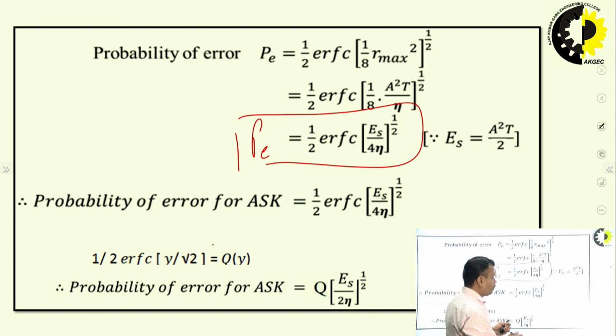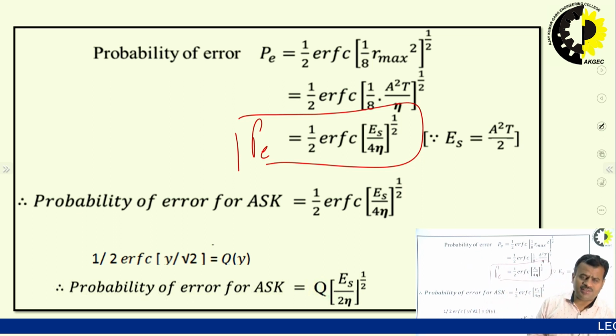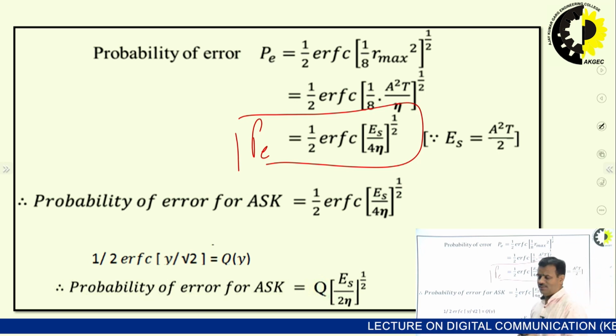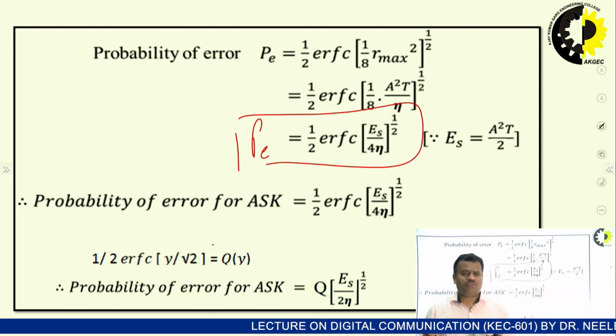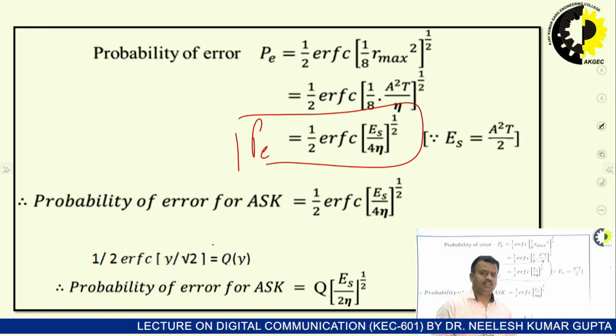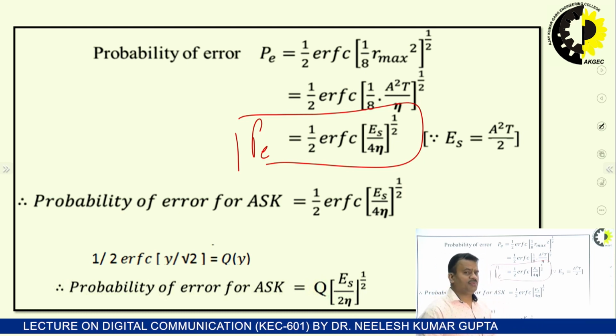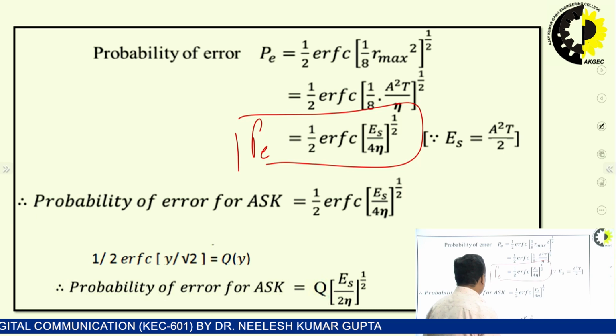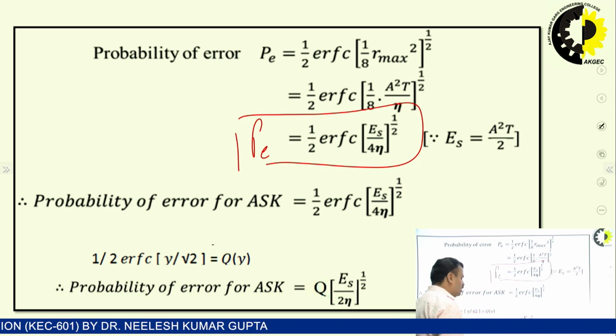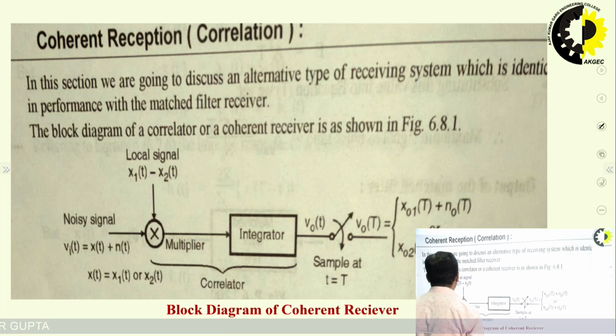We can easily calculate it for other modulation techniques as in ASK. The same formula is used, and we can easily achieve the probability of error after calculating the maximum signal to noise ratio for any modulation technique.